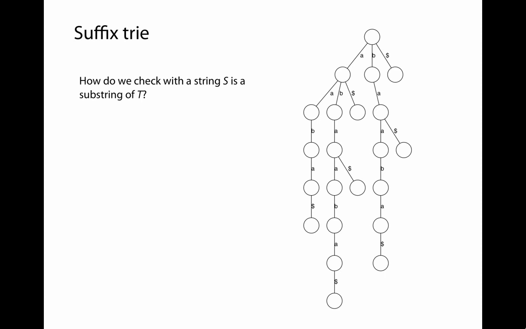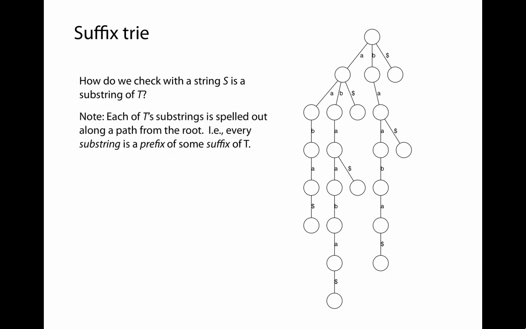We talked about when building the suffix trie, we said that paths from the root down to the leaves corresponded to suffixes of T, and substrings of T are prefixes of suffixes of T. Each of T's substrings is spelled out along some path from the root, not necessarily ending in a leaf. And so every substring is a prefix of some suffix of T.